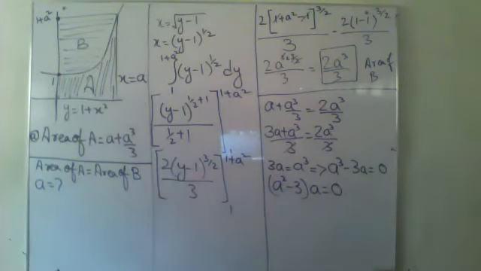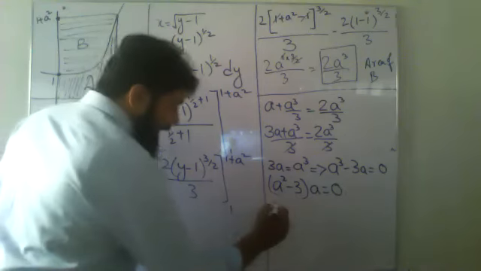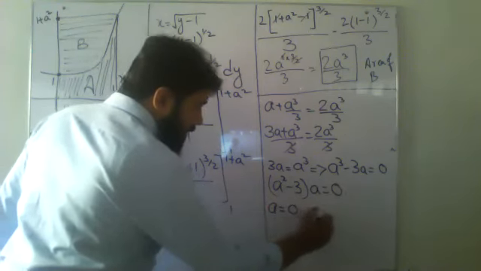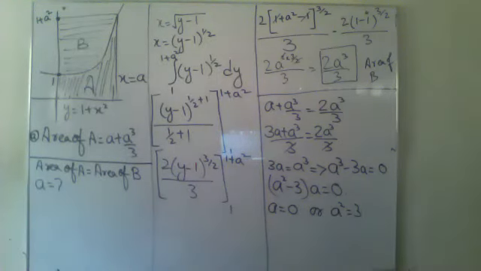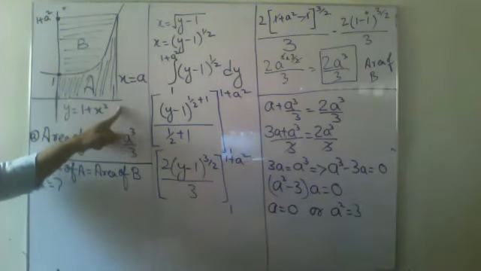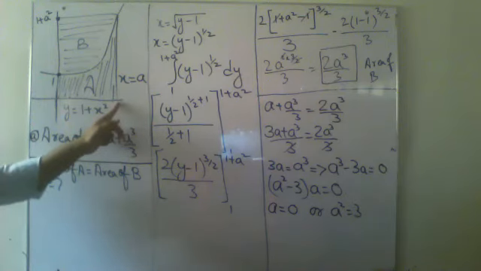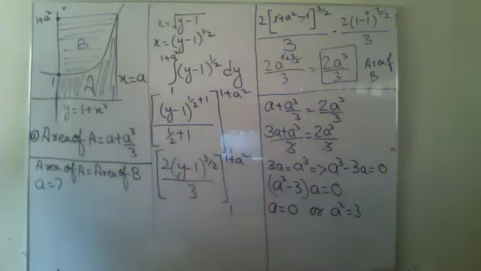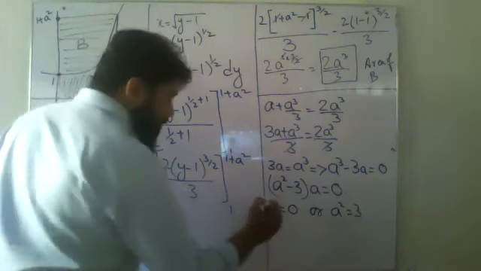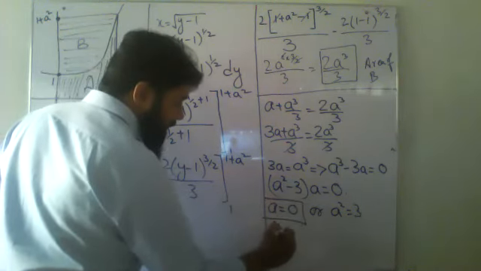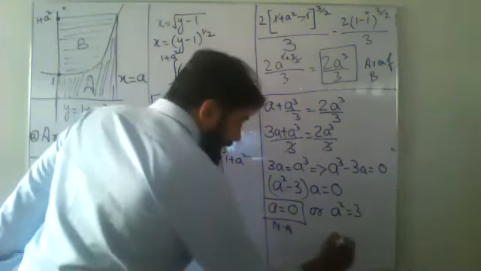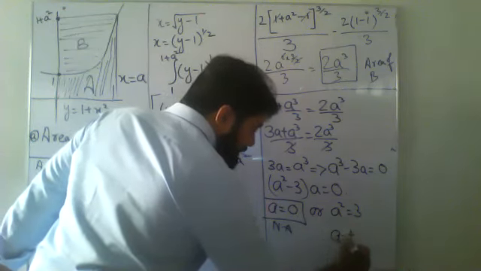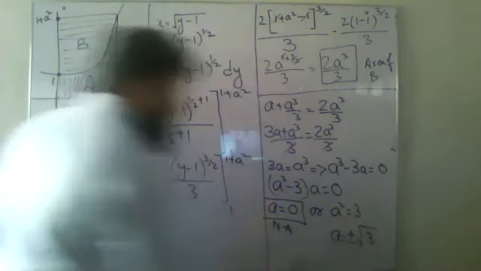Now there can be two choices. Either a will be equal to 0 or a square will be equal to 3. a equals 0, no, this cannot be 0. The point where x equals a, that point cannot be 0. So this is not applicable. a equals plus minus root 3.